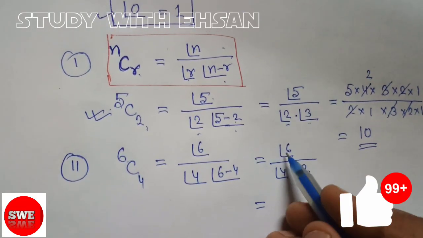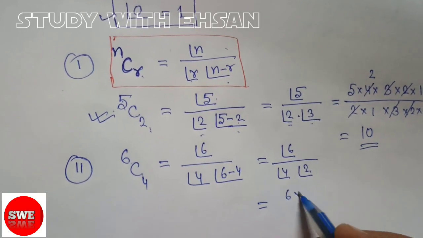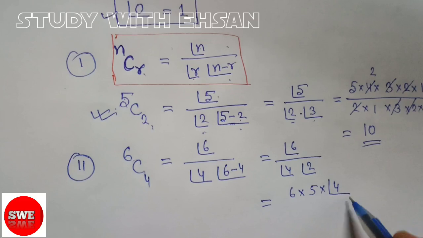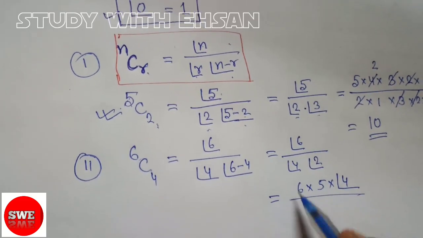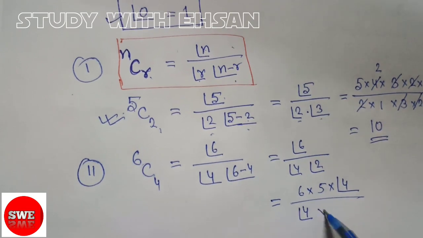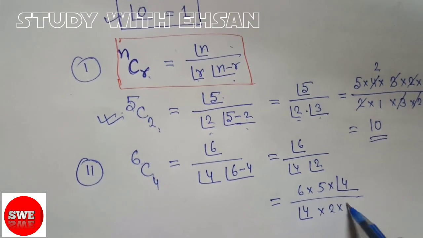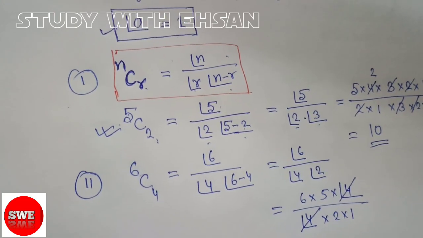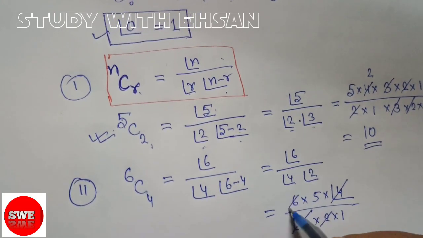Now you can do one thing here. You are going to break 6, then 6 into 5 into 4, and if we stop here at 4, then factorial 4 below. I am not going to expand this. And factorial 2 is 2 into 1. From here one benefit is that you can cancel factorial 4 and factorial 4.